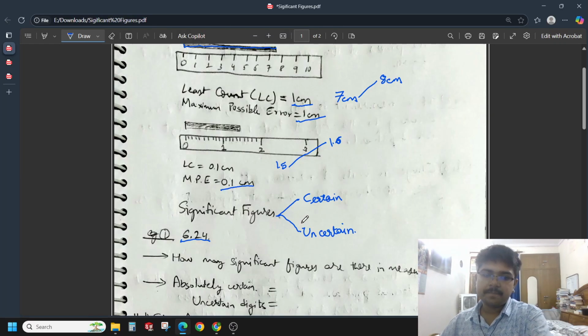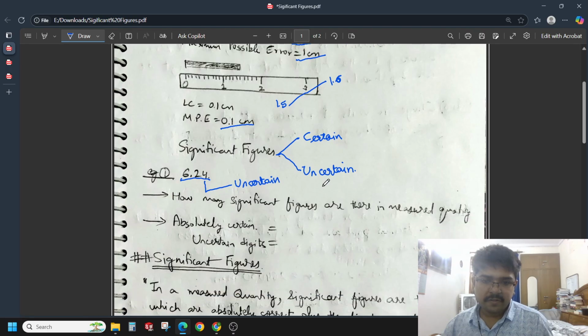So this digit 4 is uncertain. How many significant figures are there in this measured quantity, 6.24? We have three significant figures, 1, 2, 3, in which 6 and 2 are absolutely certain and the uncertain digit is 4.